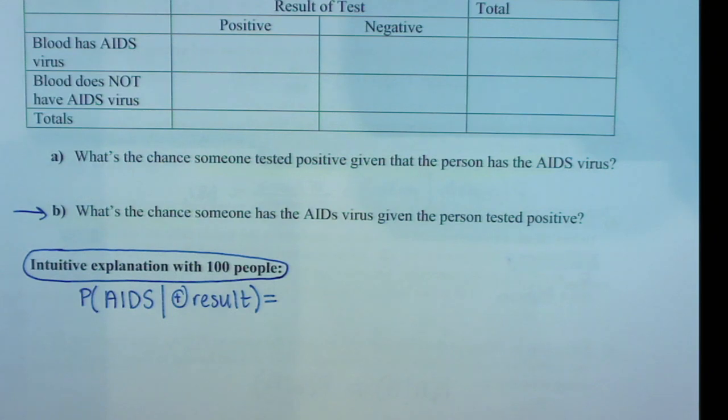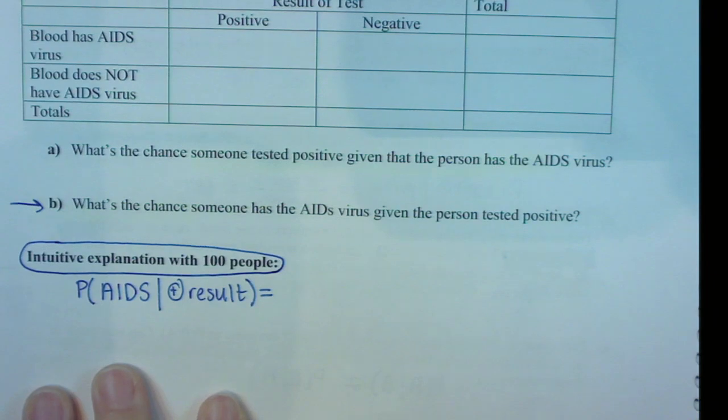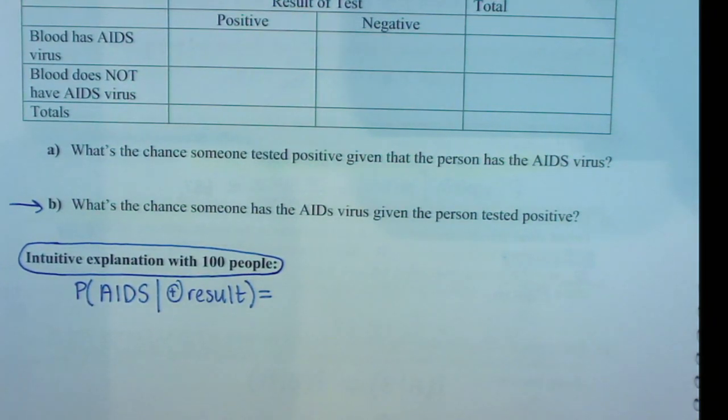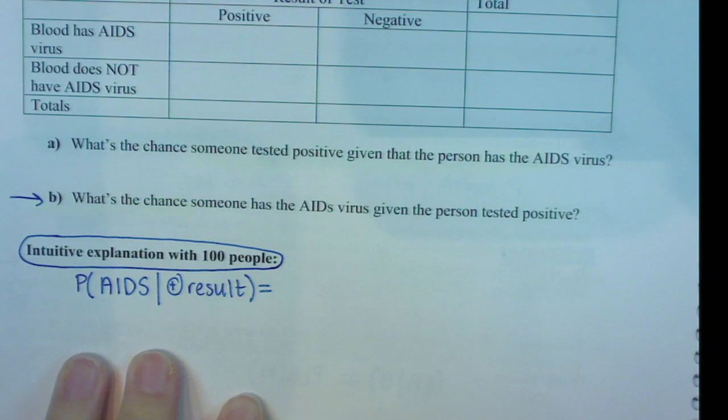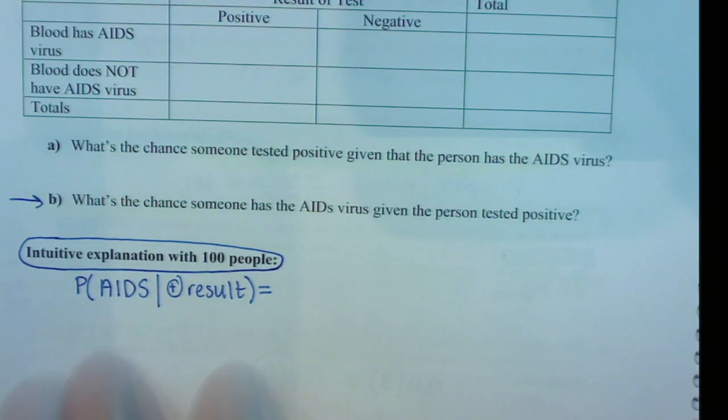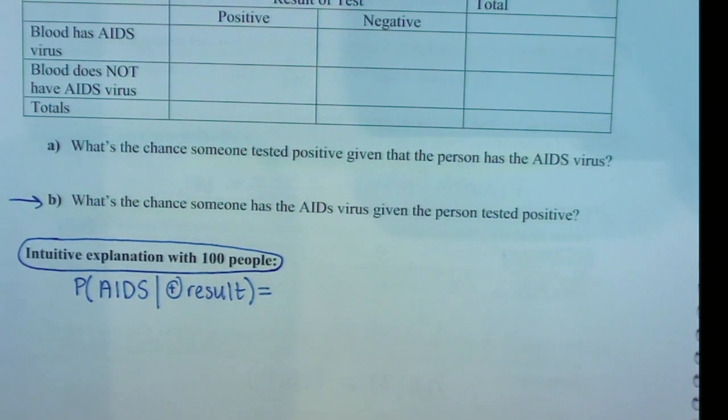What's the chance I actually have AIDS? I don't, but for this example, I do. What's the chance I actually have AIDS if I got a positive result? I didn't want to ask for a volunteer for that one. So let's pretend it's me. What is this probability? Should I be concerned is my question.